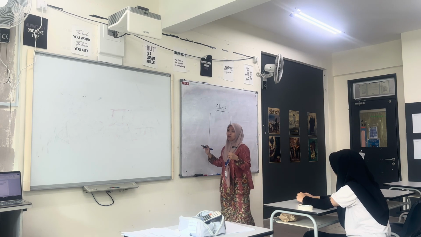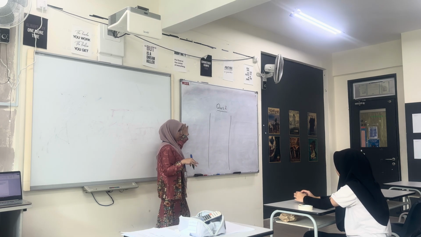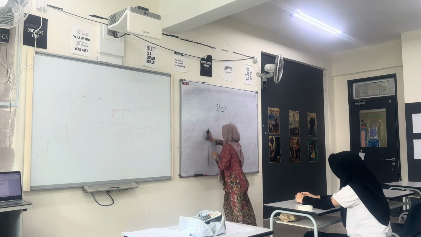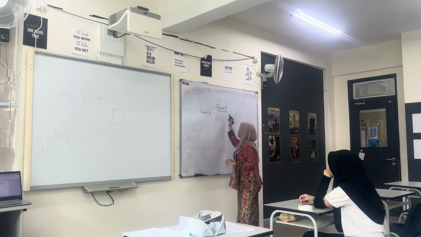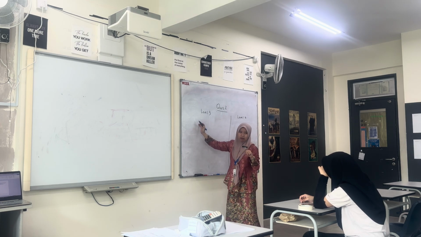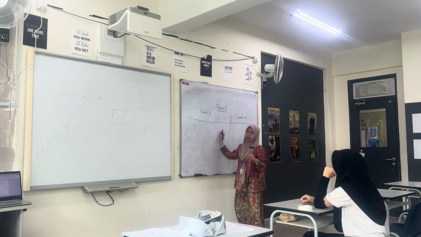Since you already know your level 1 questions, level 1 is just about formula, and you have passed your quiz 1, I go directly to level 3 and level 4 questions. Okay, this one doesn't have multiple choice. Level 3 and level 4 questions are all about workflow.